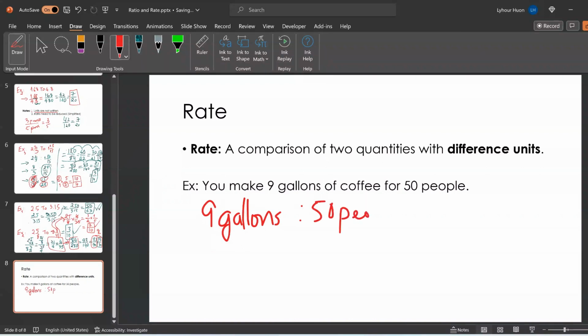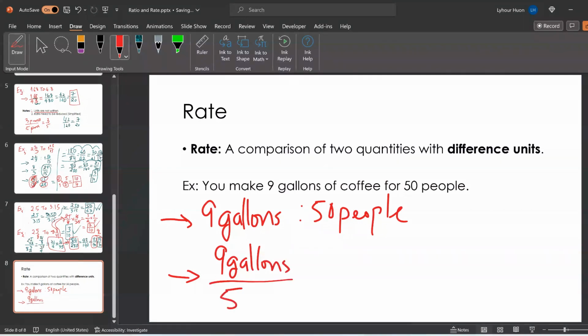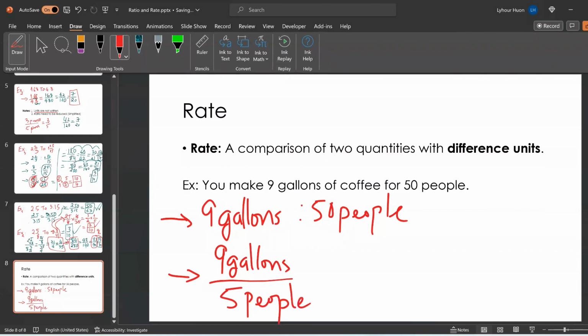So this is actually the answer. Or in the other way, we know that we can write it as a fraction: 9 gallons over 50 people. Now you cannot simplify the units, right?